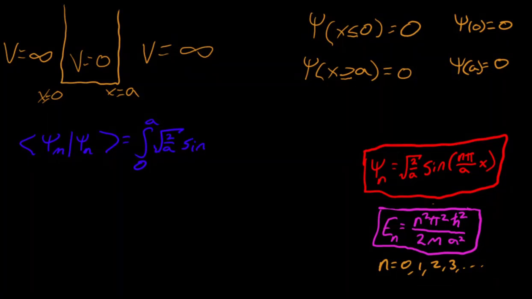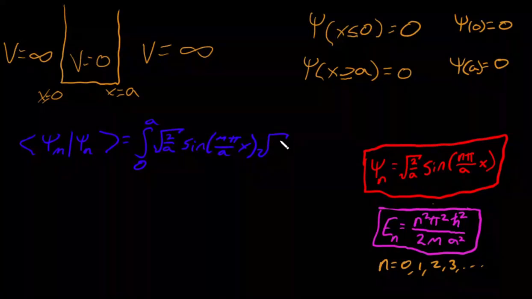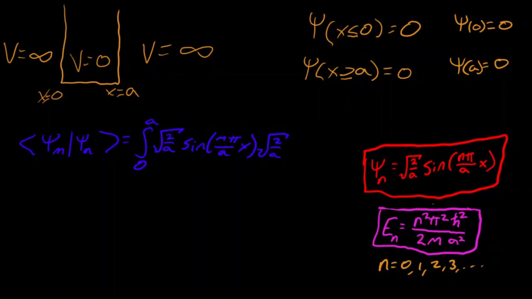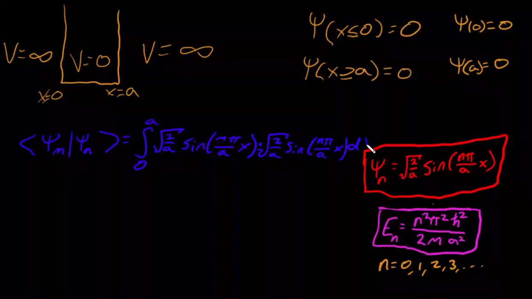Sine of m pi over a x, then times psi n, which is root 2 over a, and if you're evaluating this integral, you could combine these, multiply them together. So this is times root 2 over a sine n pi over a x dx.